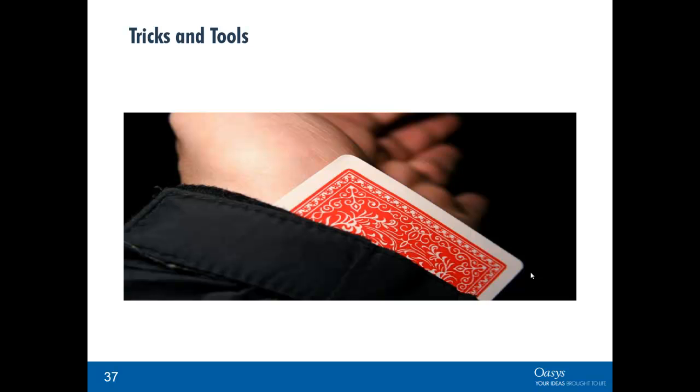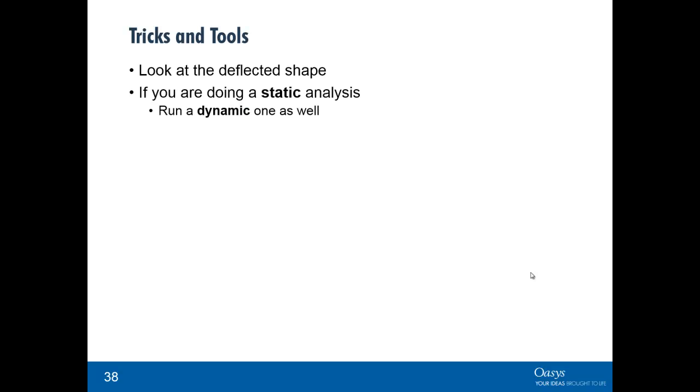So, apart from things where to look, what are some other tricks and tools that you get in GSA? First thing, always look at the deflected shape. Does the deflected shape look right? If you're doing a static analysis, run a dynamic one as well.